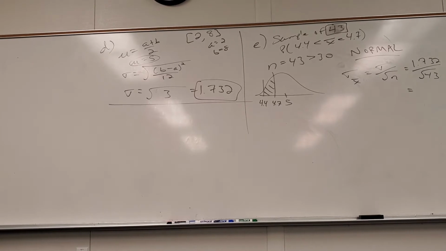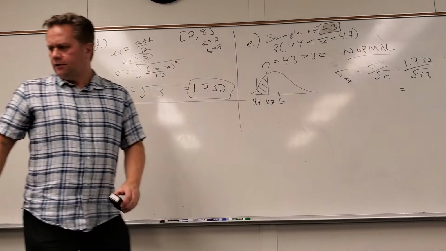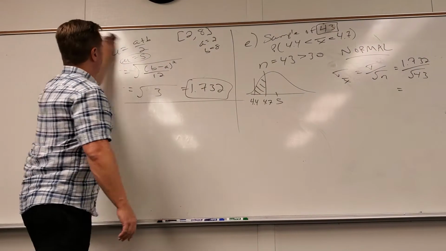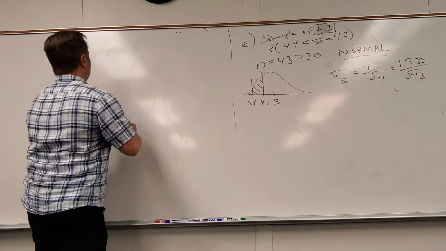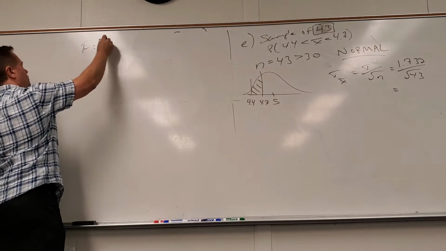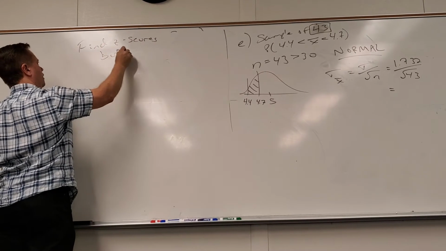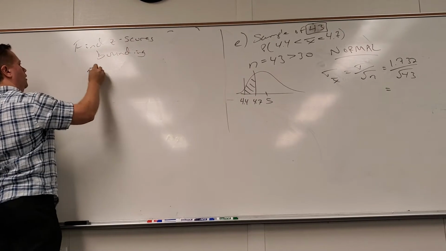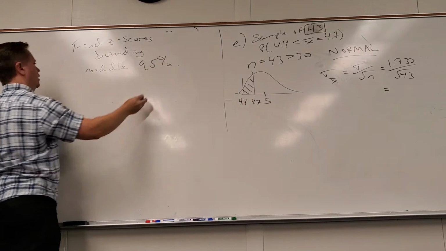How we know. So I totally will ask this kind of question on the test. Find the z-scores bounding the middle 95% of a normal curve.